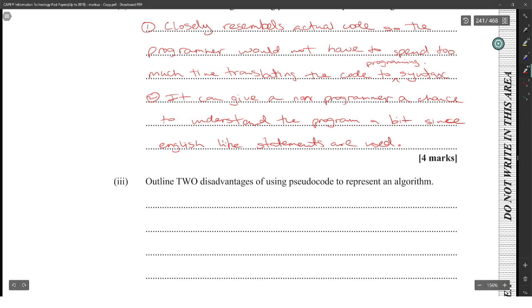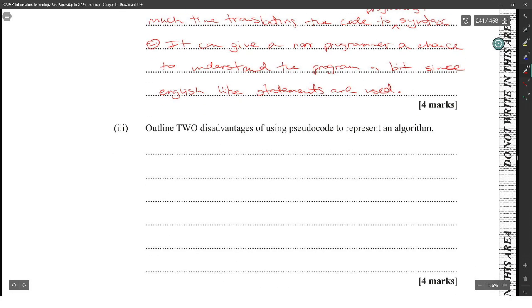Yeah, that's cool. Outline 2 disadvantages of using pseudocode to represent an algorithm.